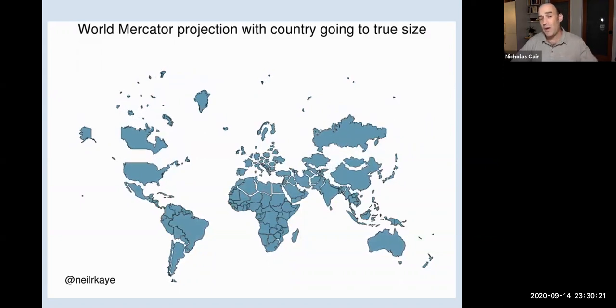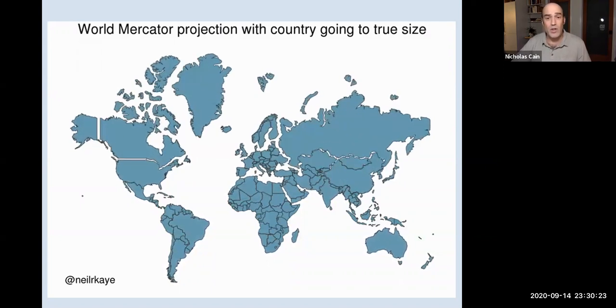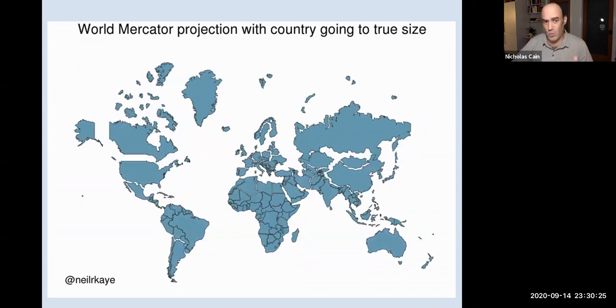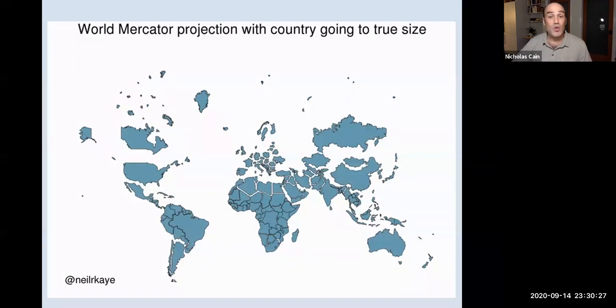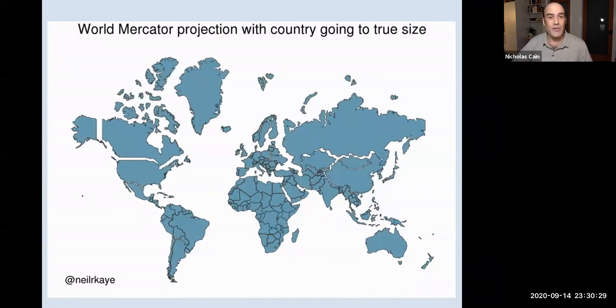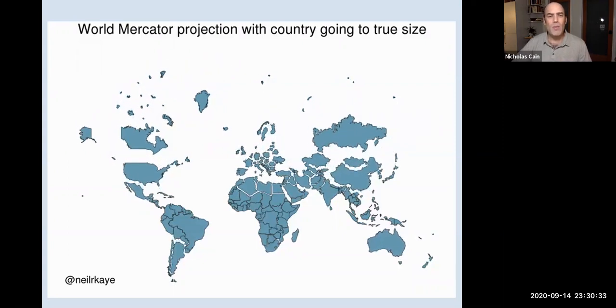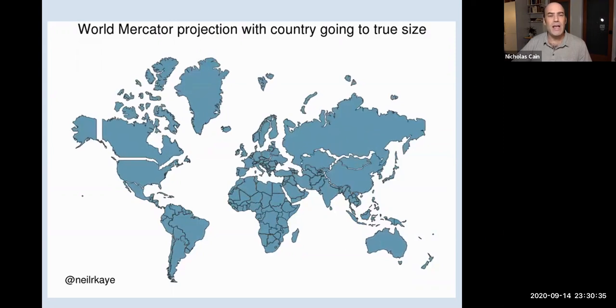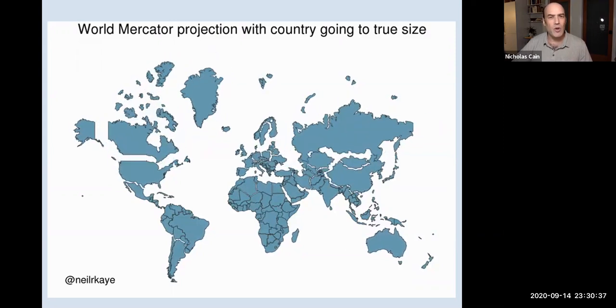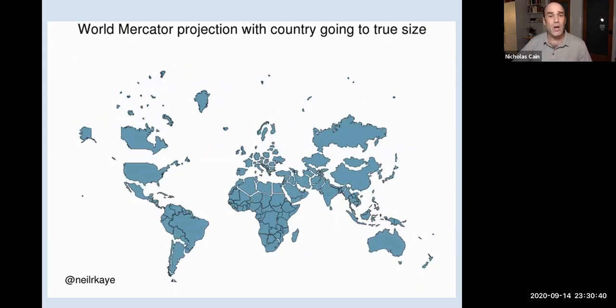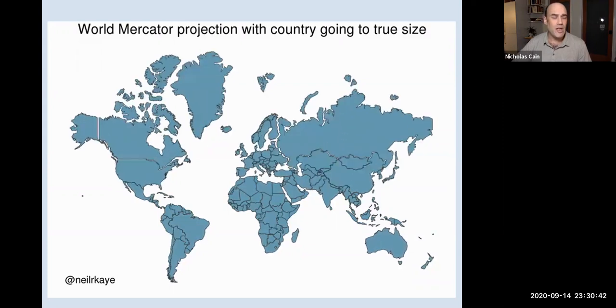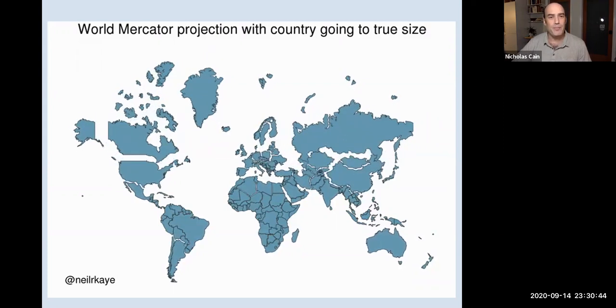Countries that are quite a bit more northerly, like Russia or Greenland or Canada, shrink quite a bit in terms of their actual size. There's quite a bit more on the link in the previous slide that explains how different coordinate systems can distort countries and distort geography, and if you're interested, it's worth checking out.